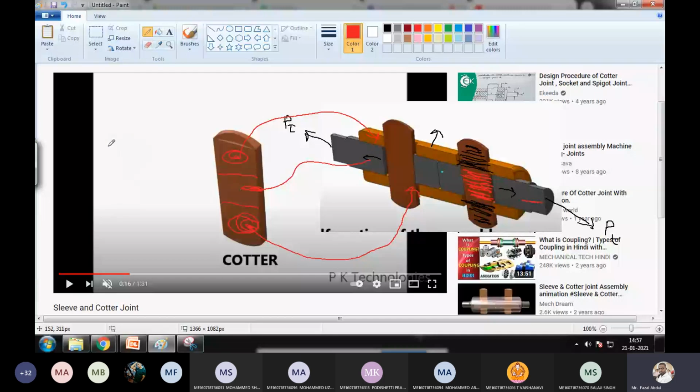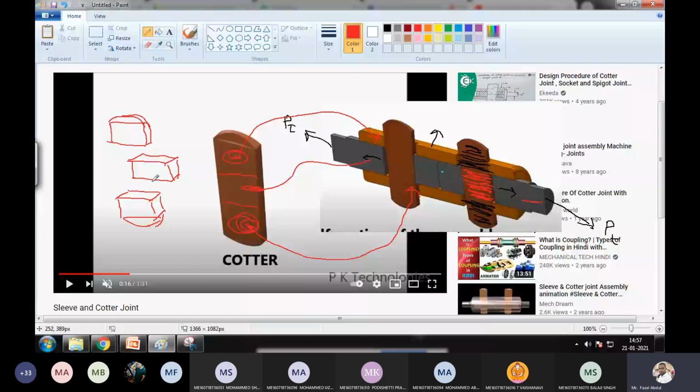After dividing into three parts, how it is going to appear, I am drawing here. Okay, Babu, are you getting or not?